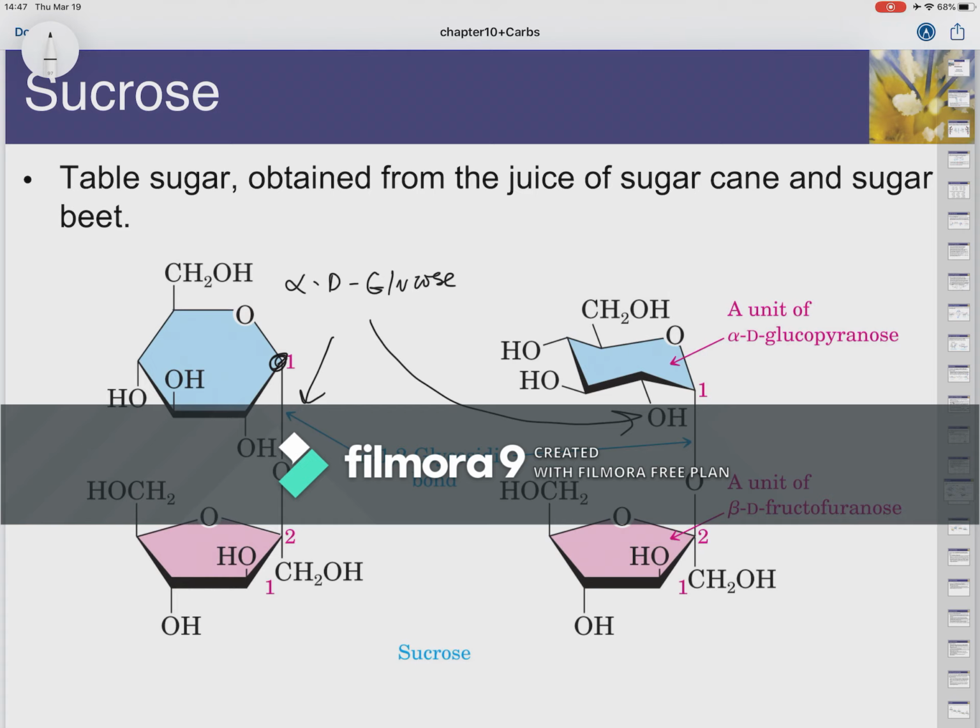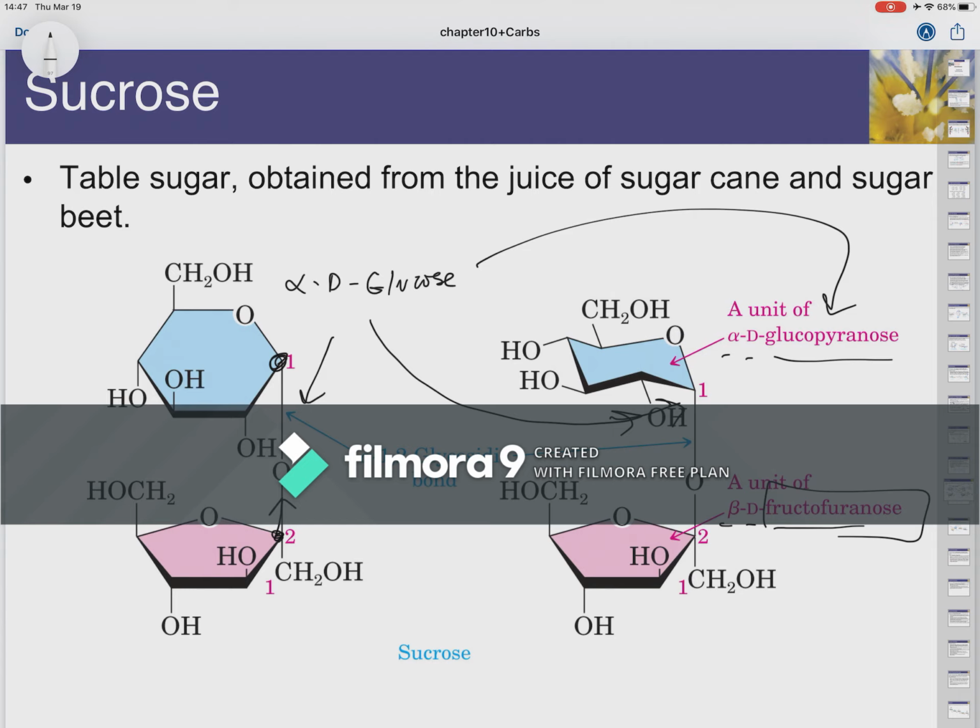This is showing the same sugar, just labeling it here: alpha D glucose. And then you'll notice that our fructose is in the beta form. It's got the O in the up position. And so that's why it's beta D fructose, which is a fructofuranose. More organic chemistry way of saying it. The common name would be fructose.